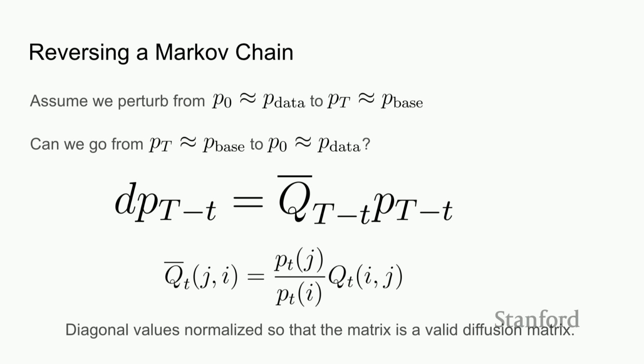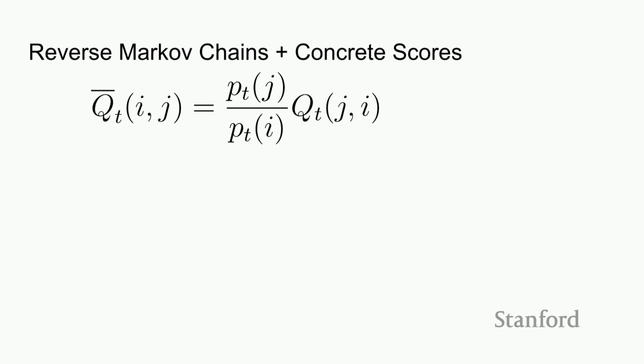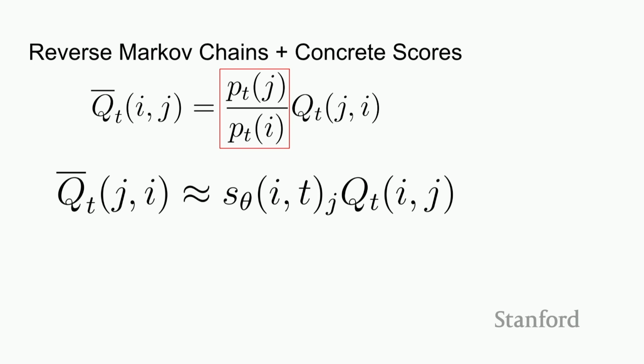So we have this reverse setup, and what's nice is that we had this appearance of our ratio, basically our concrete score. In particular, we can approximate it with our learned concrete score function, our score network S theta.